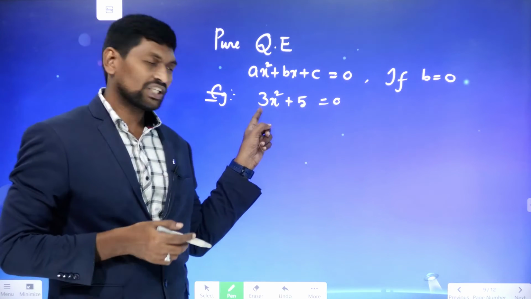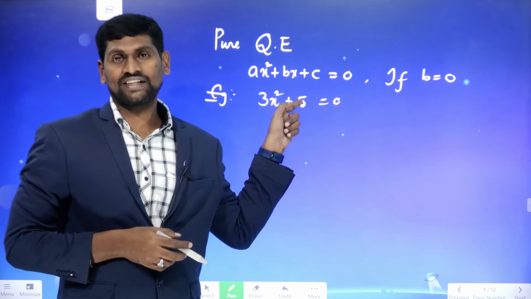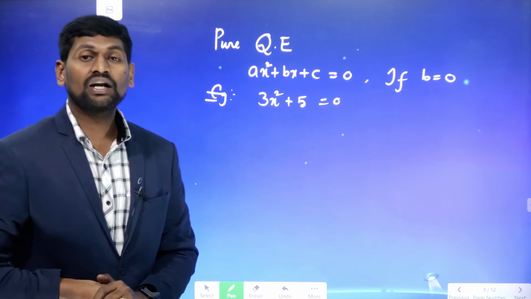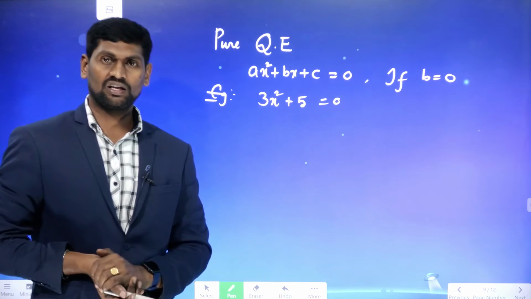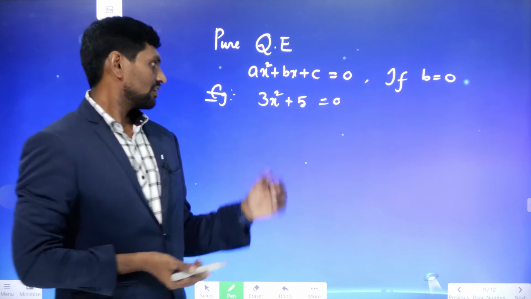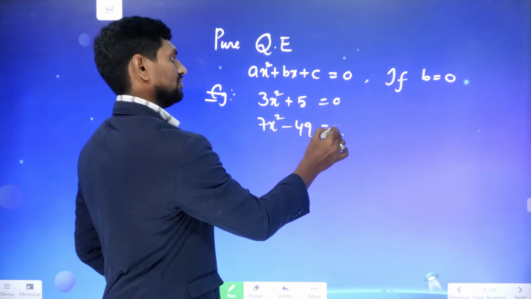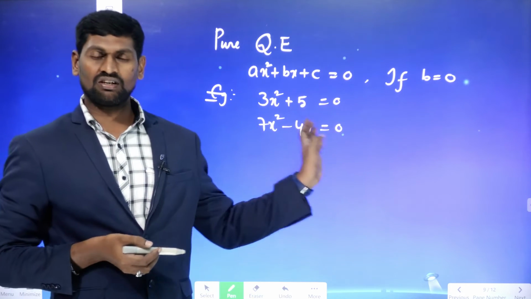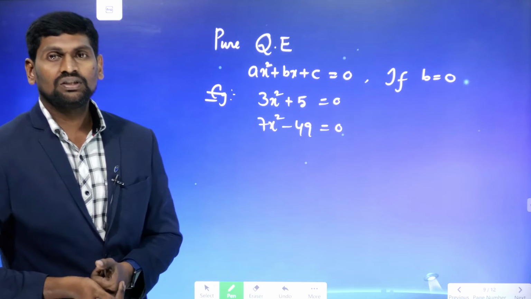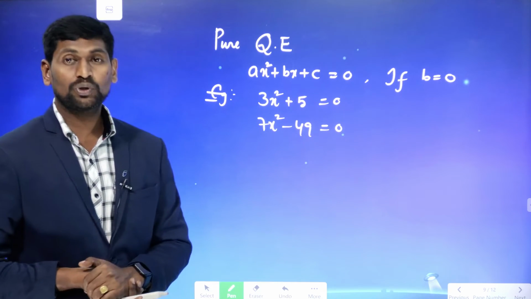We have x square term, constant term. There is no x term, so the x term becomes 0 here. This is called pure quadratic equation. Another example: 7x square minus 49 equal to 0. Here also the x square term is there, the constant term is there, but the x term is absent. So we can call it a pure quadratic equation.